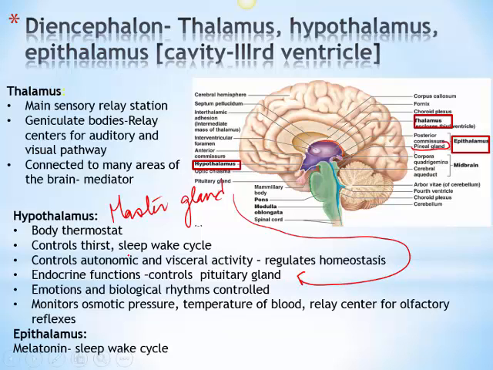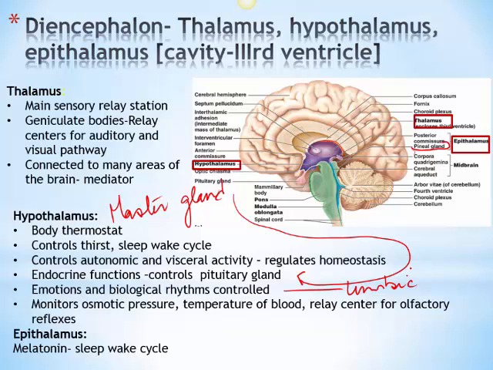It is very important, as you can see, for many other body functions like thirst and your sleep-wake cycle. It also is part of something known as the limbic system, so it takes part in controlling emotions and biological rhythms, and the sleep-wake cycle is one of those biological rhythms.